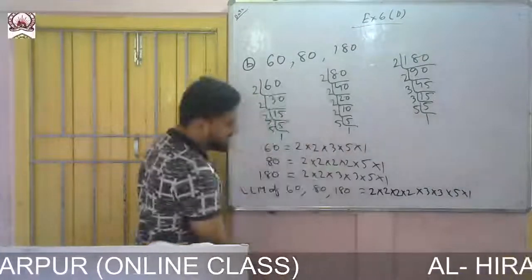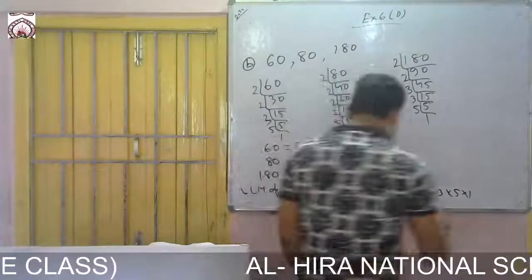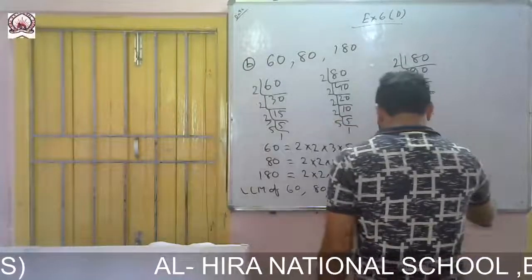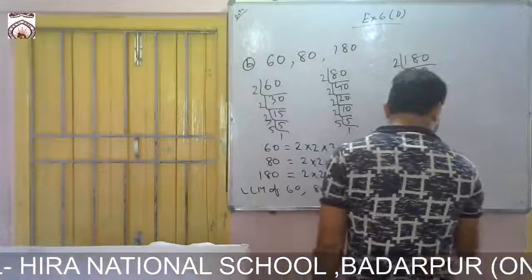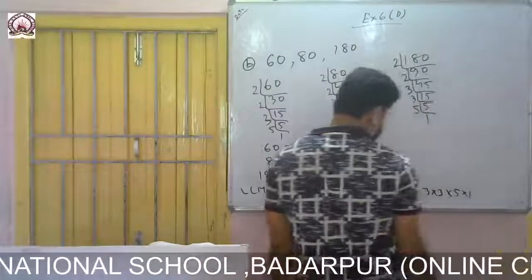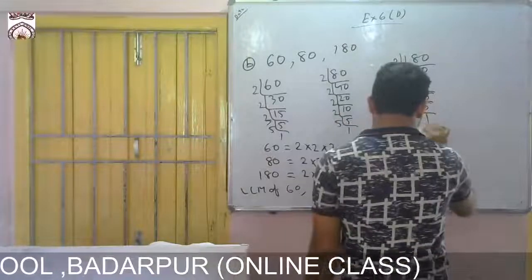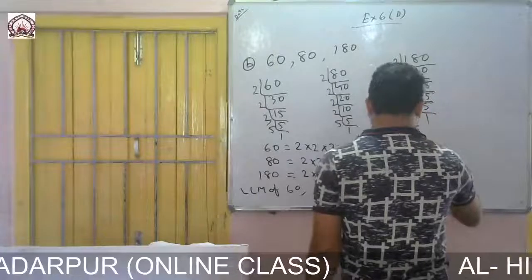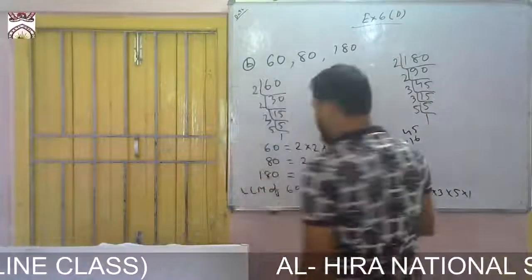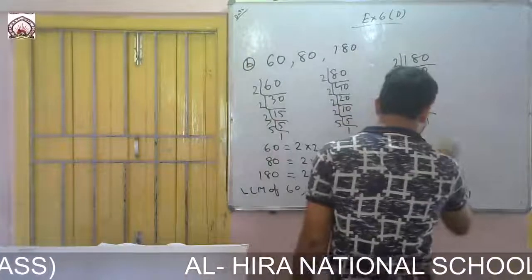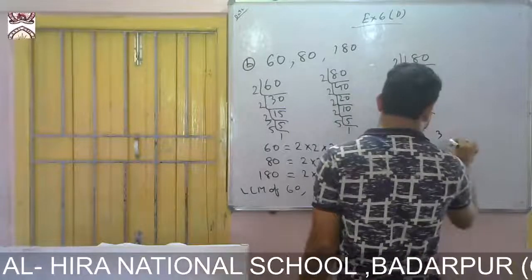Let me multiply whether this comes or not. 2 2s are 4, 2 2s are 4, 4 4s are 16, and 3 5s are 15, 15 3s are 45, 45 into 16.